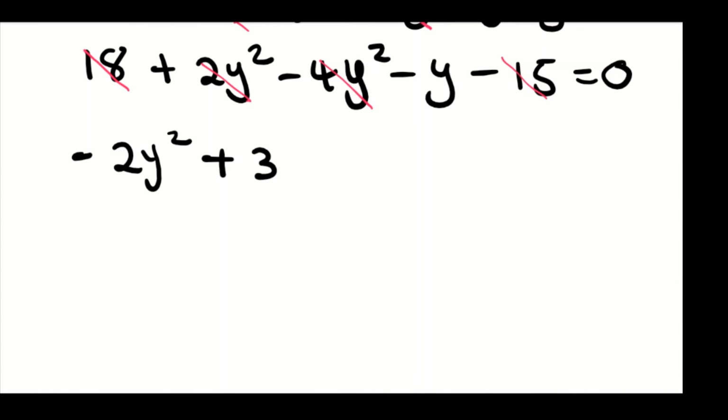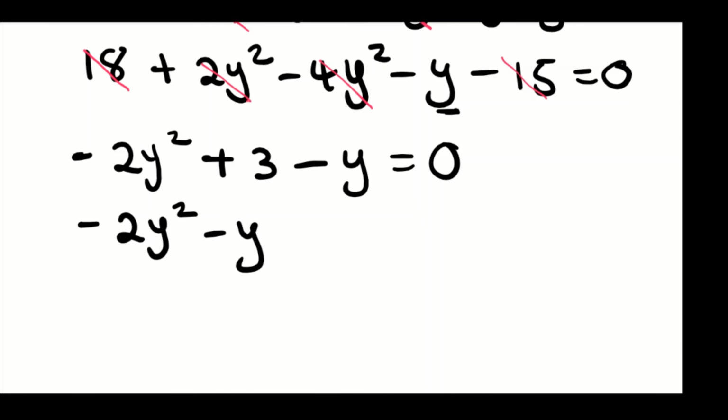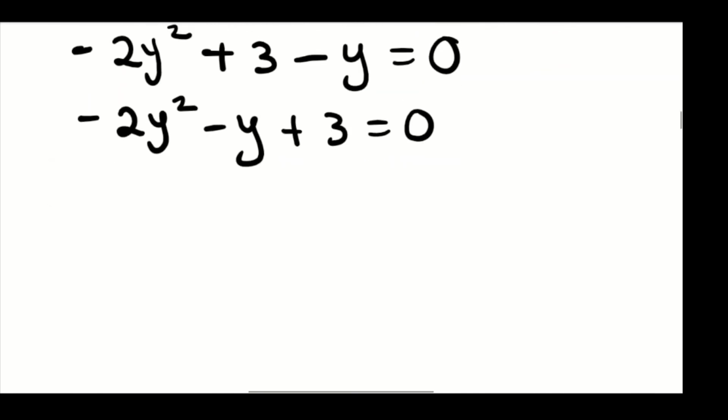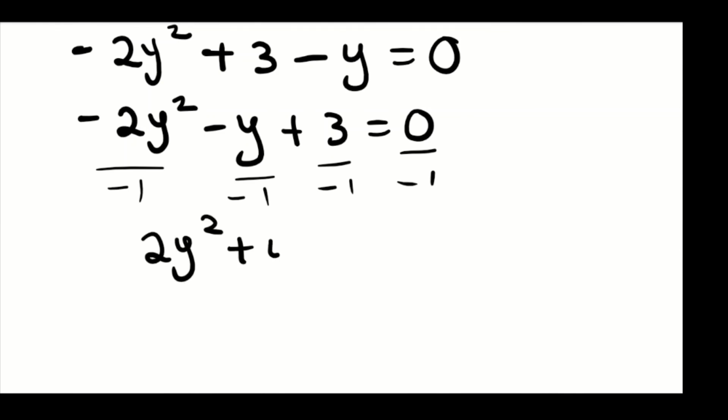And then we're just going to say minus y being equals to 0, which is this y here, and then we write everything in standard form, so it's minus 2y squared minus y plus 3 being equals to 0. And then we're just going to divide by minus 1 both sides. We'll have 2y squared plus y minus 3 being equals to 0.